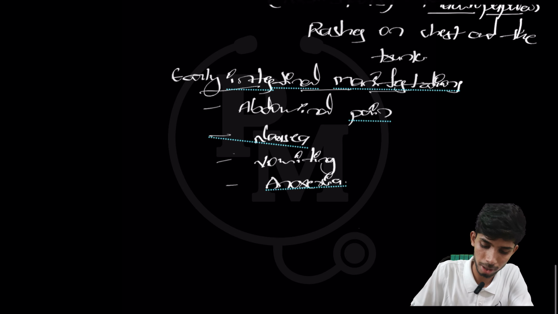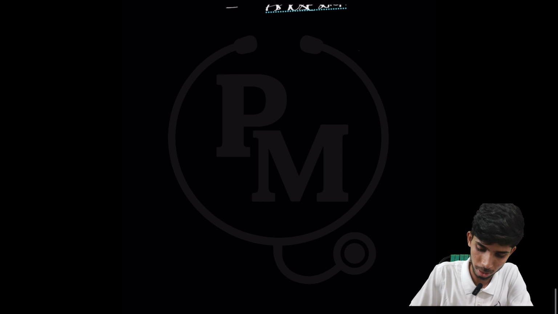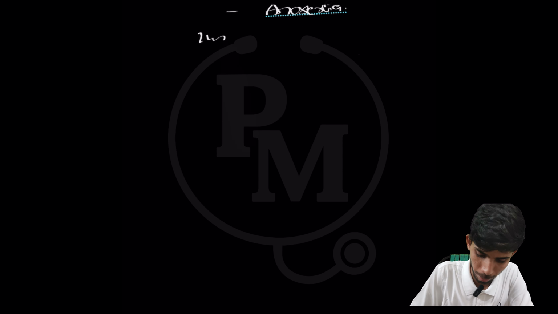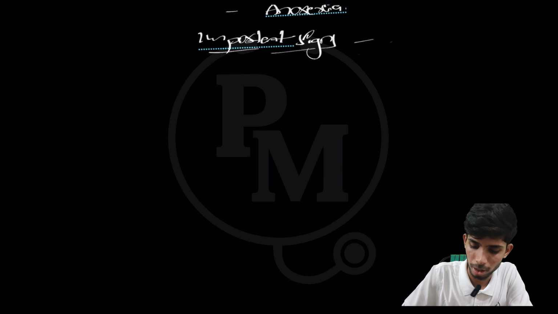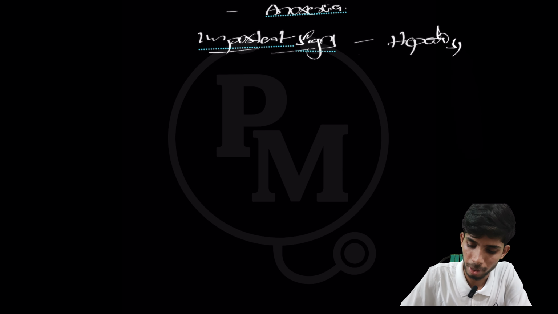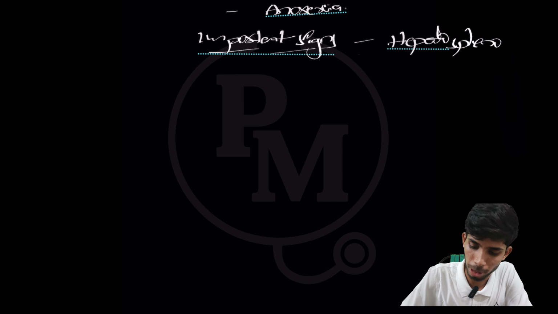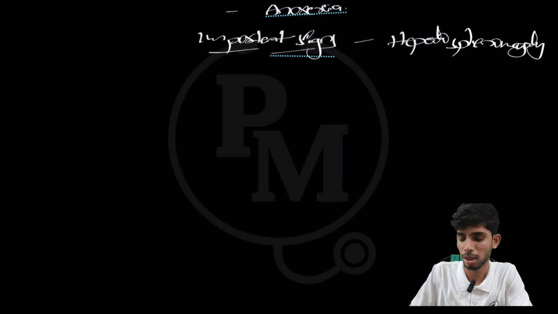And important signs. Important signs are hepatosplenomegaly. This means there is an enlargement of the liver and the spleen.